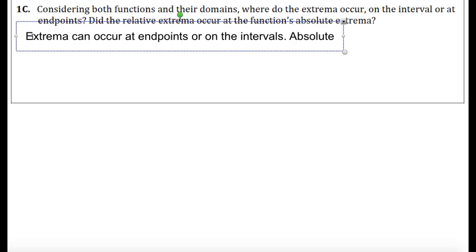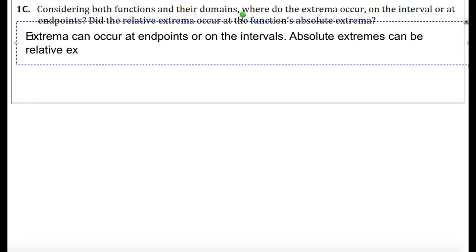Absolute extremes can be relative extremes. Okay, that happened in our last example there. Right?